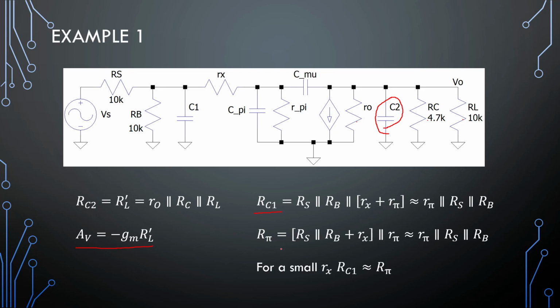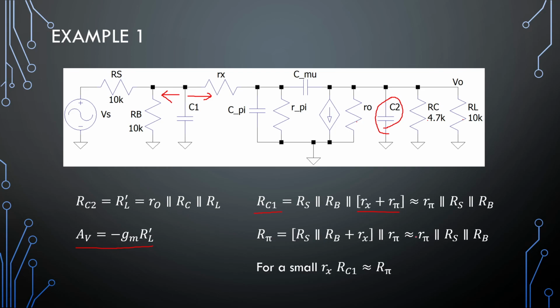Then RC1, this capacitor, what is it seeing in parallel on this side? Is RS parallel to RB. And if we look to this side, we see RX in series with R pi. So Rx plus R pi is in parallel with Rs in parallel with Rb.